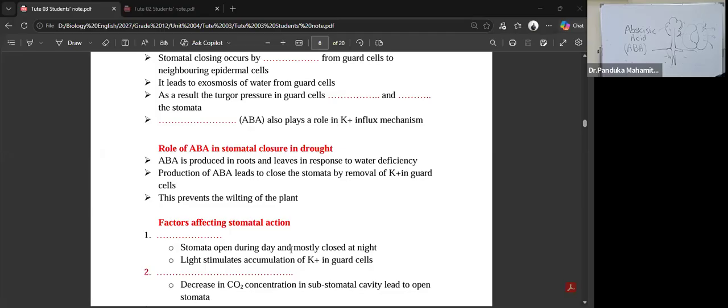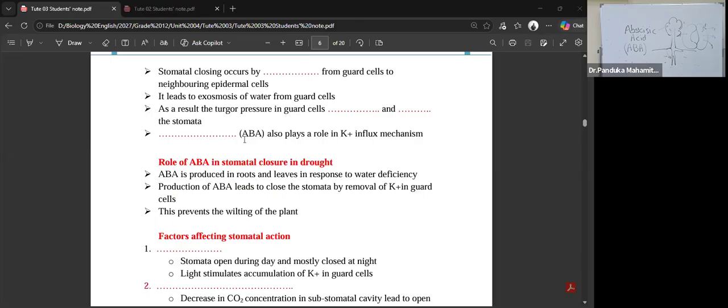Right. So abscisic acid, or within bracket ABA, also plays a role in the potassium influx mechanism. Abscisic acid, right?